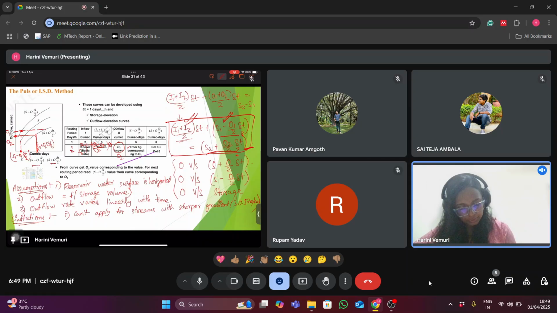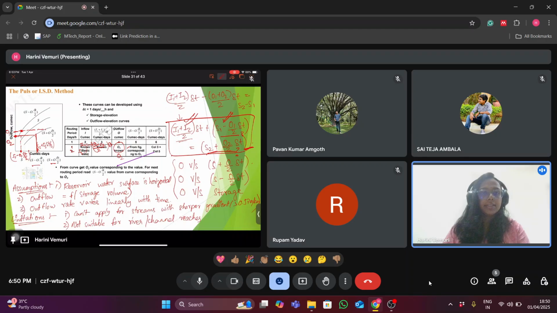Also, it is not suitable for river or channel reaches, because in case of rivers or channels, the boundary will change very rapidly. Also, the tides or rapidly rising hydrographs can occur.